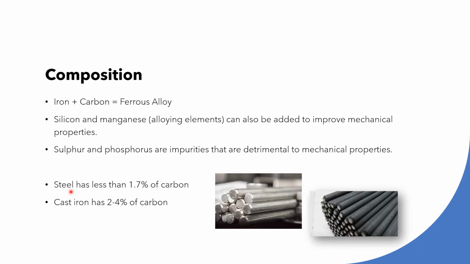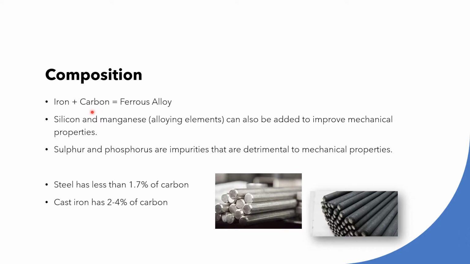And steel is our industrial material. We use it all the time, and it has less than 1.7% carbon. Cast iron, we have 2 to 4% of carbon. So only the composition of carbon is changing.